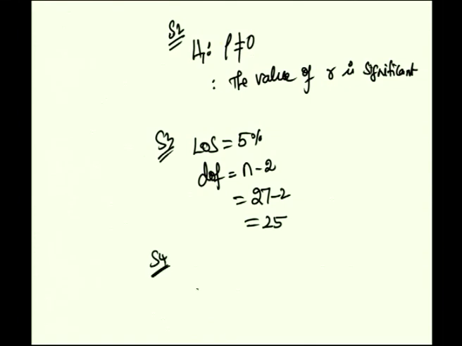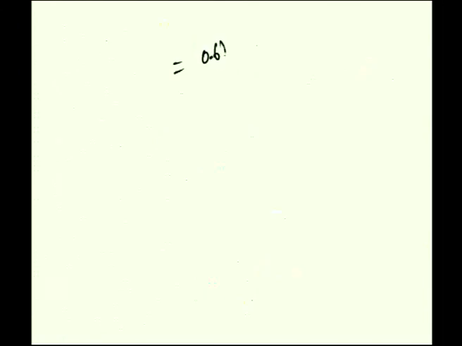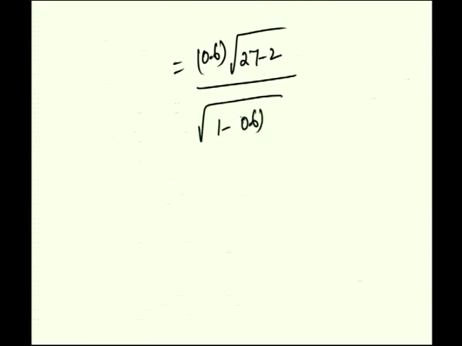Next step 4, the formula part: t is equal to R into root of n minus 2 divided by root of 1 minus R square. R value is 0.6 into root of 27 minus 2 by root of 1 minus 0.6 whole square, which is equal to 3 divided by root of 0.64, and the value is 3.75.